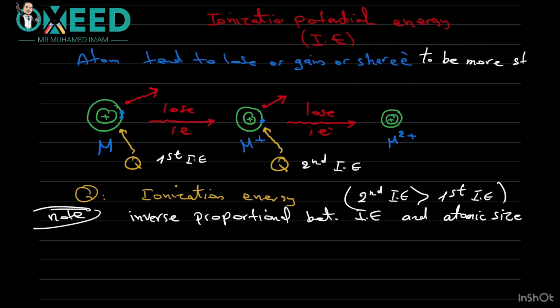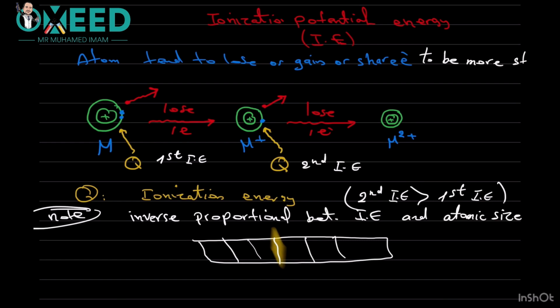Okay, let's study the trend of this property in the periodic table. So in the period, what happens to the atomic size, guys? Yes, the atomic size decreases, mister. So here in the period, the ionization energy increases.